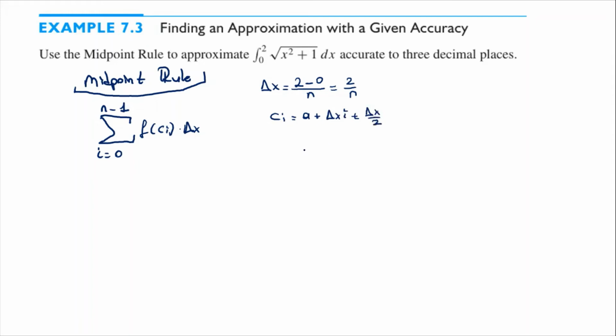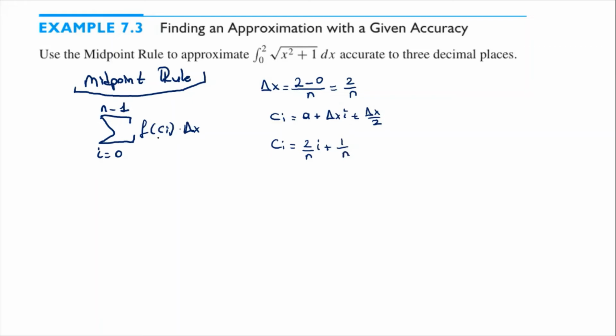This is the rule for the midpoint. So for our question, a is 0, delta x is 2 over n times i, plus delta x over 2, which is 2 over n divided by 2, gonna be 1 over n, right?